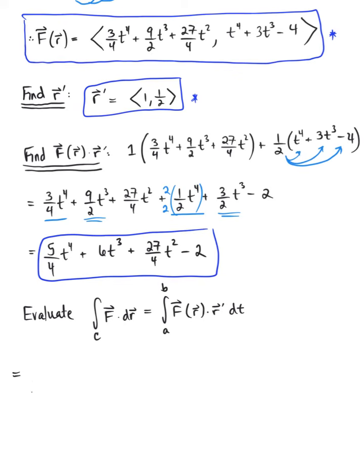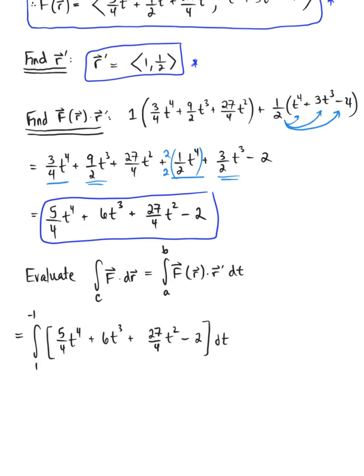We know that this oriented curve C starts at t equals 1 and ends at the point t equals negative 1. And we have the integrand 5 fourths t to the fourth plus 6t cubed plus 27 fourths t squared minus 2 dt.